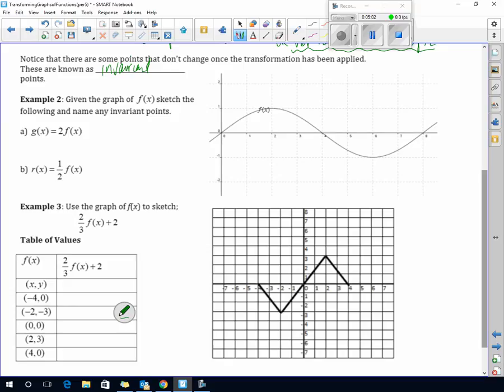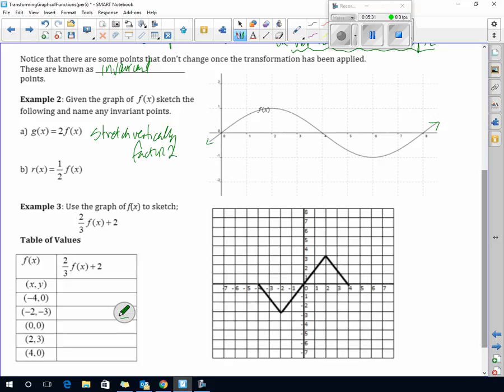Okay, so what's happening here? This is my f of x graph. g of x is 2f of x. So what do I have to do? I need to stretch vertically factor 2. Vertically means it's only affecting your y's. So (0, 0) would stay as (0, 0). Yes? How about this one?